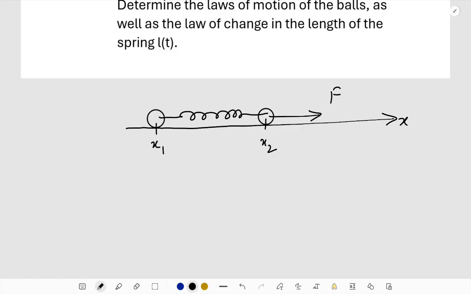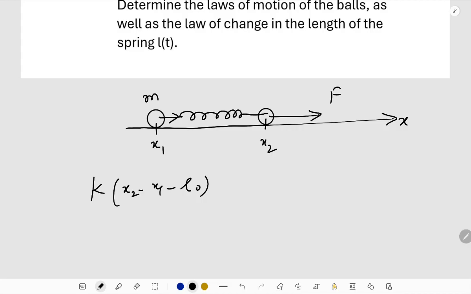Then the elastic forces applied to different balls are equal in magnitude and opposite in direction. We would like to write the equation of motion of the balls along the x-axis, so I'm going to write it for the left ball. The force acting on it is a spring force towards the right, and that will be the length of the spring, x2 minus x1, minus the natural length of the spring.